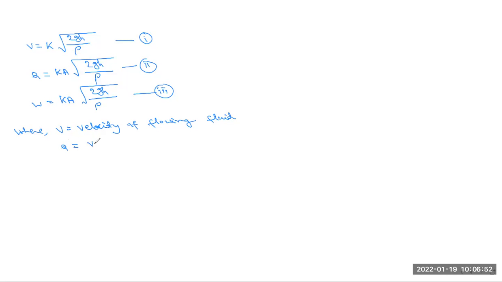Q is the volume flow rate. W is the mass flow rate. A is the cross-sectional area of the pipe, where we have to use the pipe also.